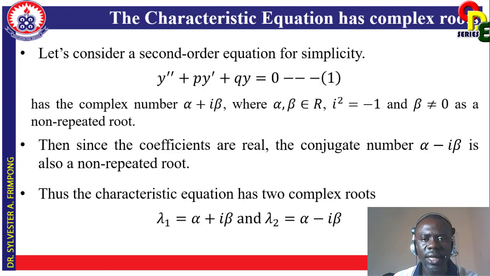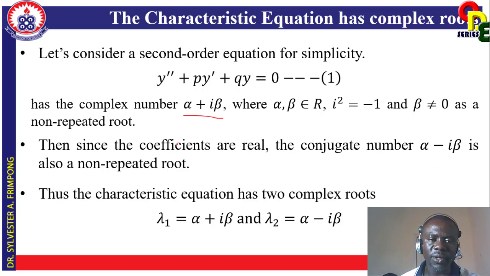So if you consider a second order equation for simplicity's sake, and it has a complex root of alpha plus i beta, where i squared is -1. Do not forget that this one is going to have two roots, alpha plus i beta and alpha minus i beta, because the characteristic equation's roots and their conjugate will be present.